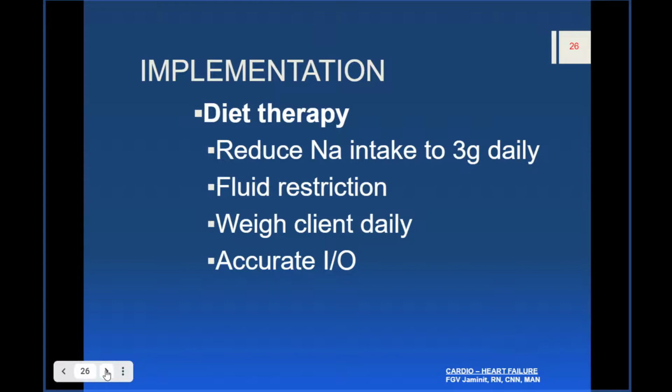That's why we do not want to eliminate sodium fully. Since the patient is also congested, we would want to restrict the fluid also to 1 liter per day. Take note to weigh the patient daily and measure accurately the input, especially the fluid input, as well as the output or elimination of the patient.